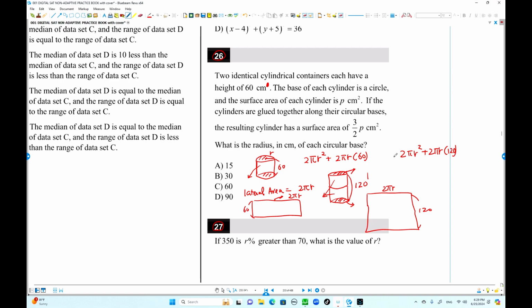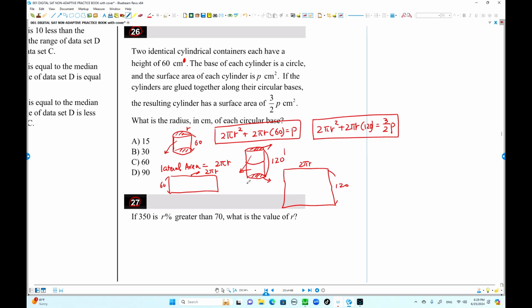This one actually equals 3 over 2 P. They said P over here, right? Actually, 1.5 times. By this equation, how can you find the value of r? Put this number P over here, substitution, okay?